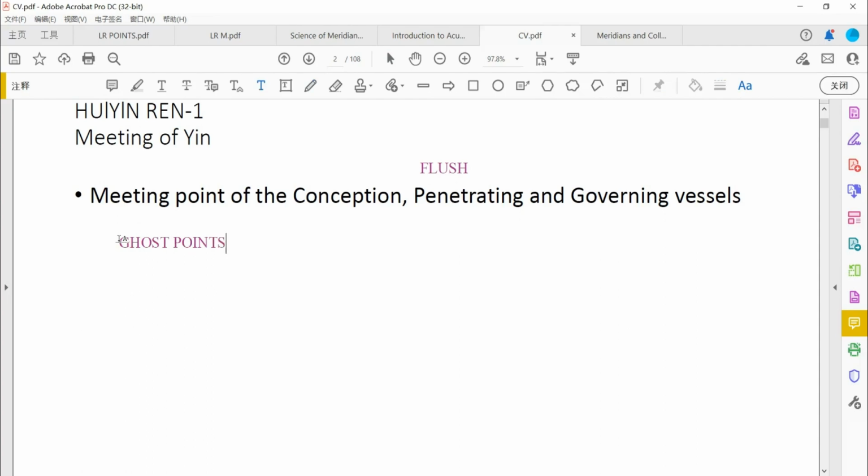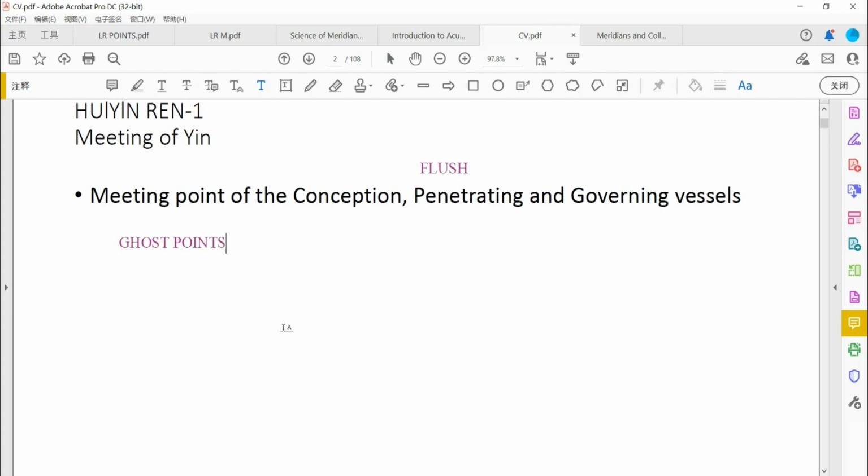We don't use the ghost points much because, you know, ghost we'd better not use. That's why it's called ghost points, like if the people are haunted by the ghost, the people will become very crazy, right?